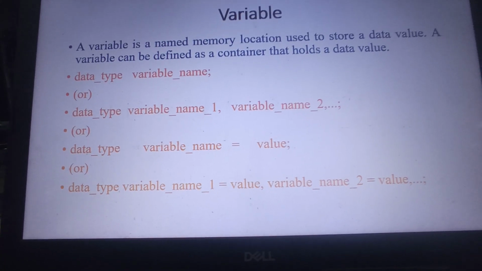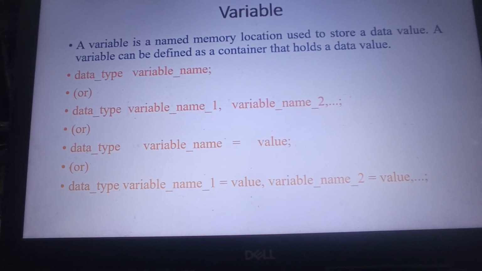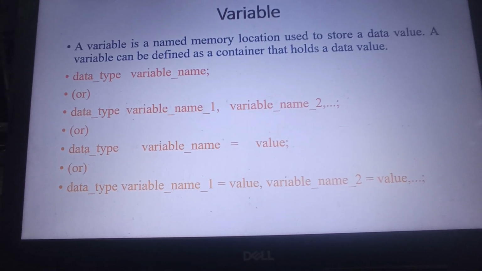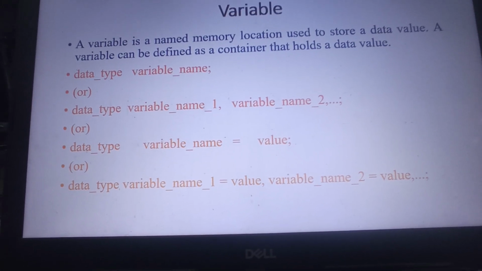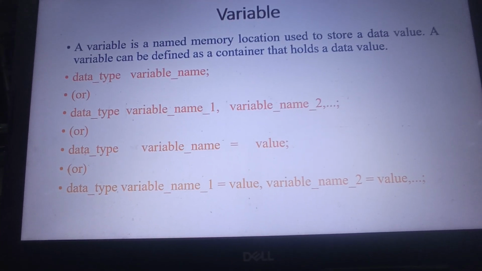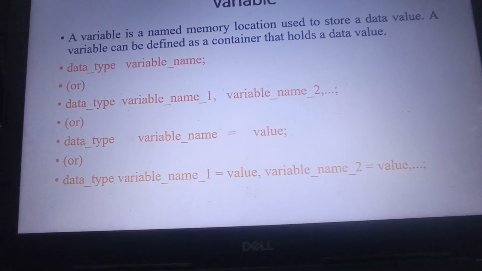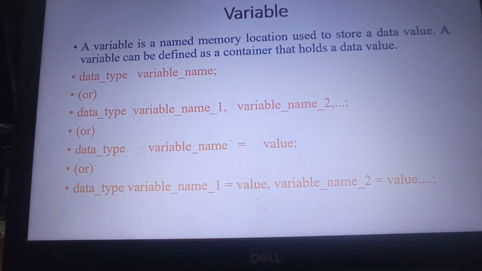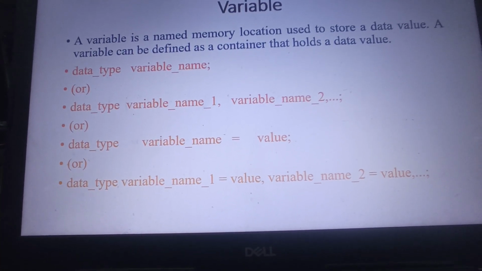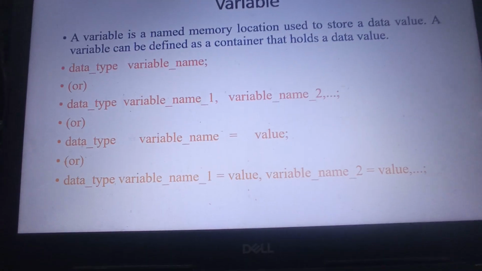A variable is a named memory location used to store a data value. Means whenever we perform some operation, for that purpose we need to declare one type of value.